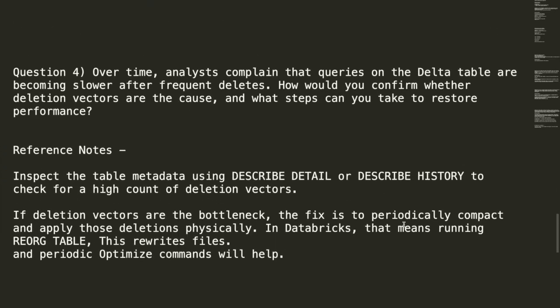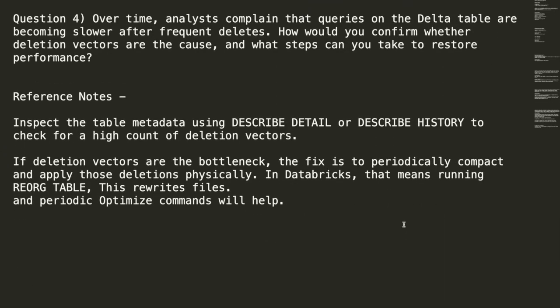Okay. Now, the next question which the interviewer can ask: over time, analysts complain that queries on a Delta table are becoming slower and slower after frequent deletes. How would you confirm whether deletion vectors are the cause and what steps can you take to restore performance?